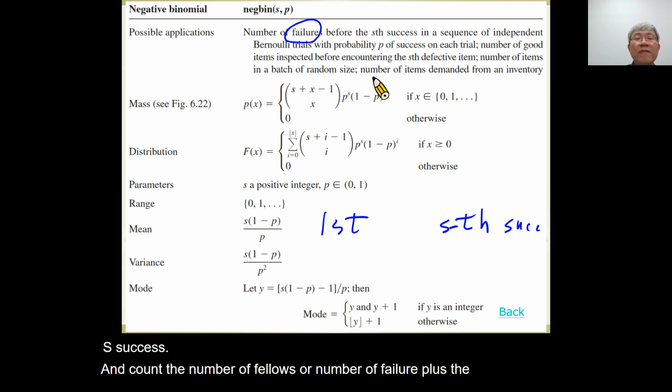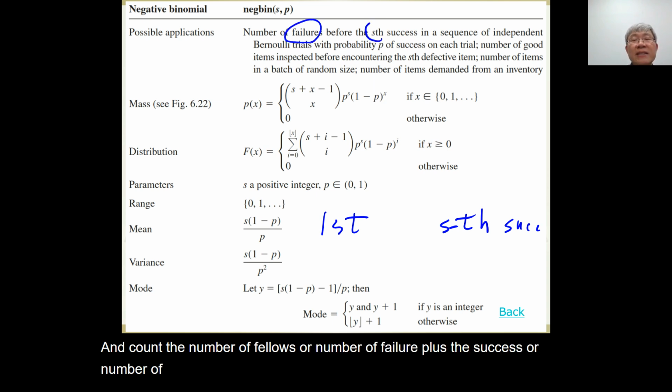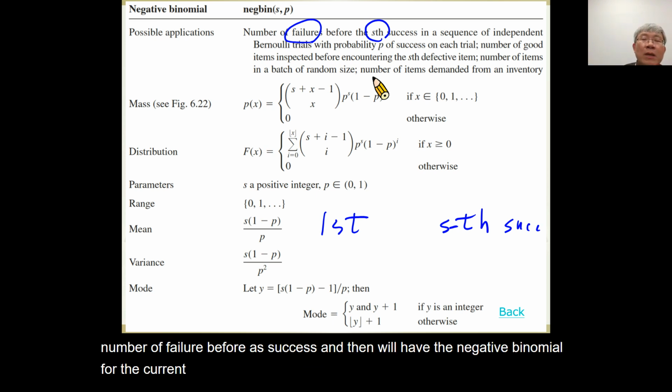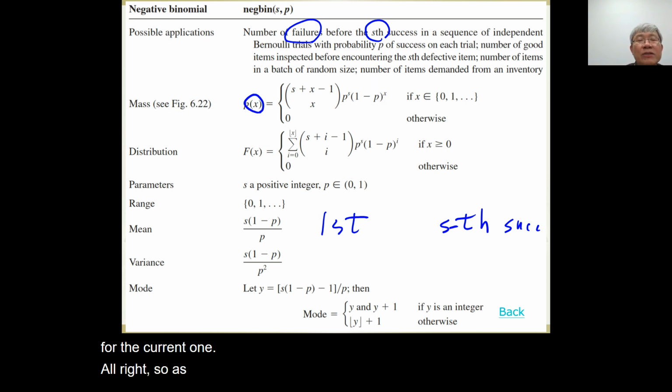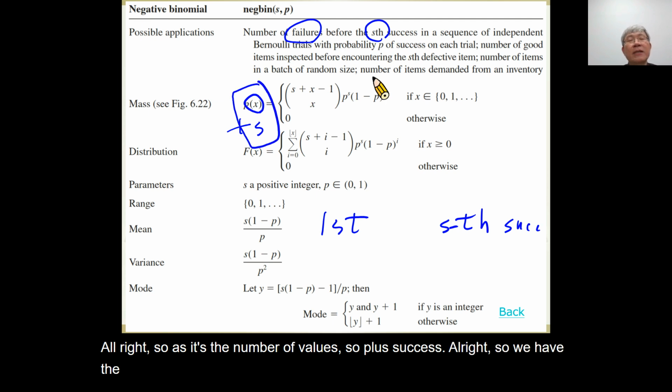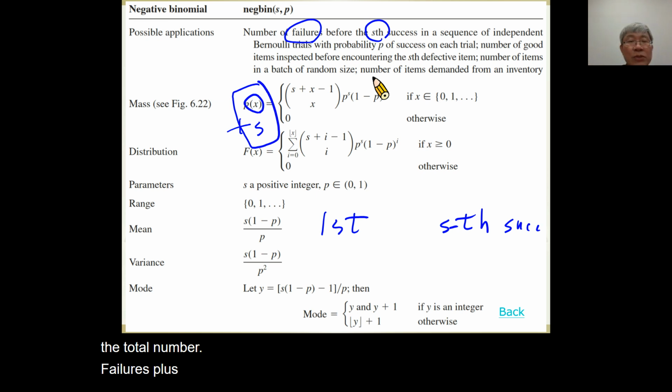So the number of failures before S successes gives us the negative binomial for the current version. S is the number of failures plus success, so we have the total number: failures plus success.